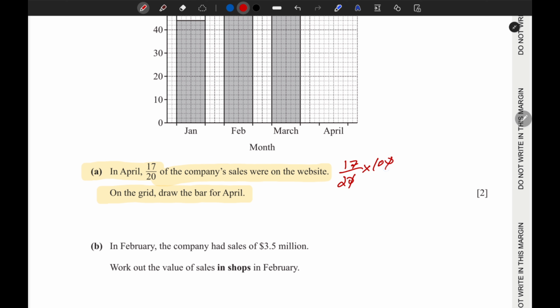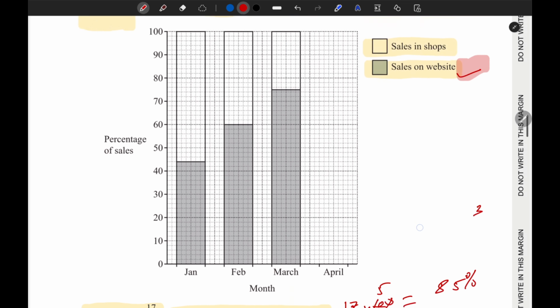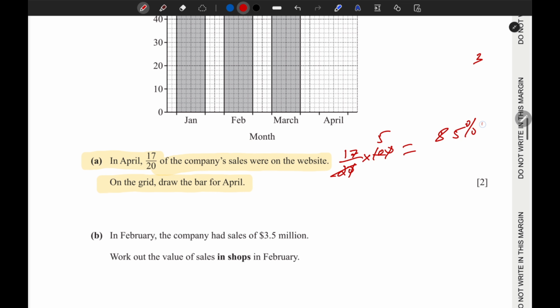The 20 cuts with the zeros of 100, and this goes 5 times. Now 17 into 5: 7 fives are 35, 5 carry over 3, and 5 plus 3 is 8. So 85%. So 85% is on the website, and it's obvious that 15% will be in the shops.